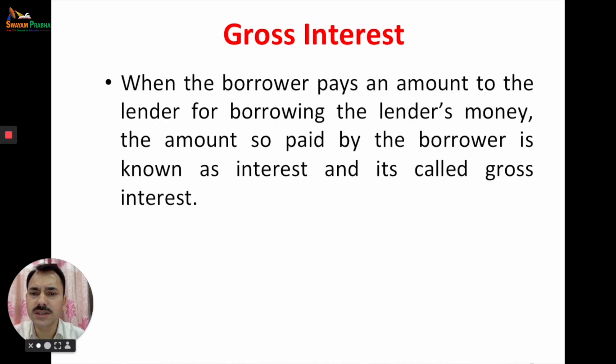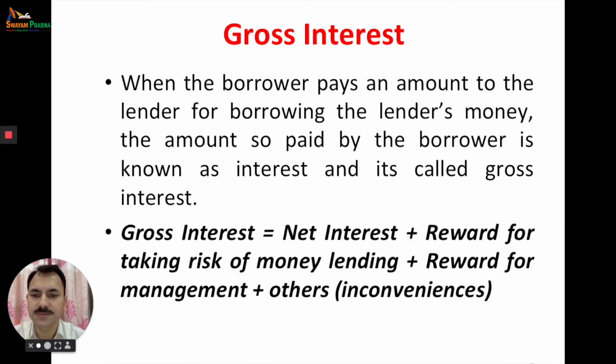Gross interest means when the borrower pays an amount to the lender for borrowing the lender's money. The amount so paid by the borrower is known as interest, and it is called gross interest.